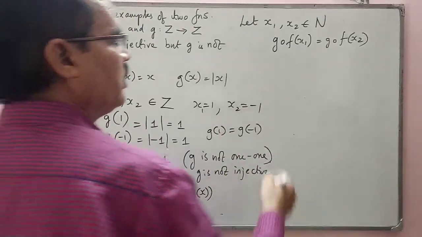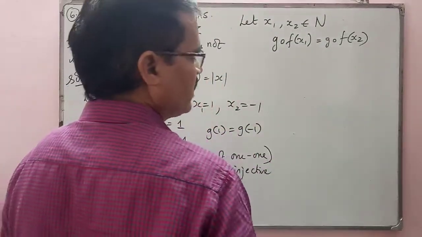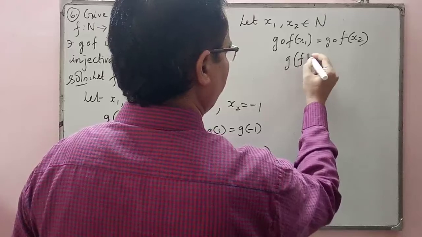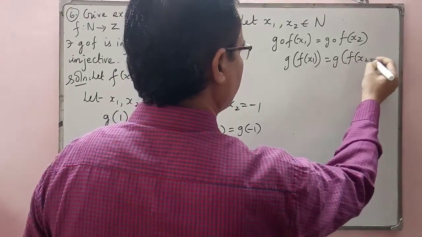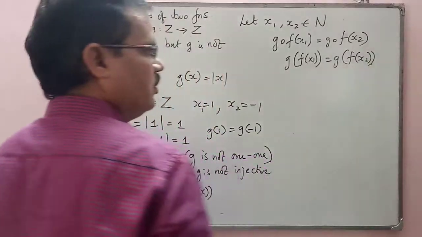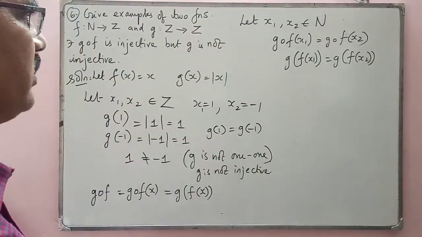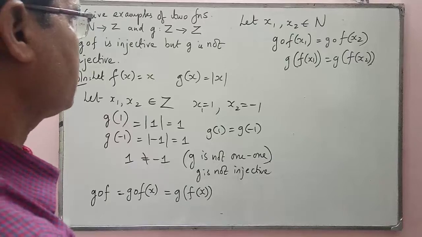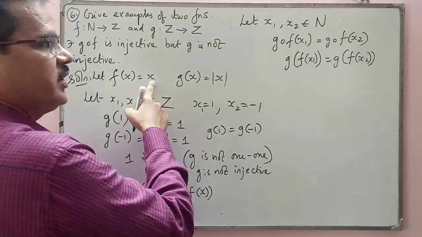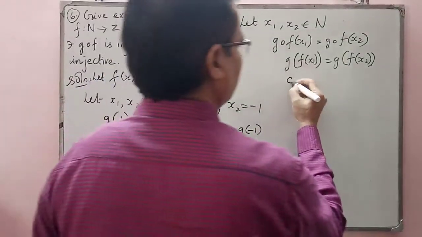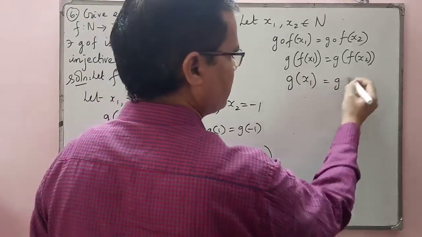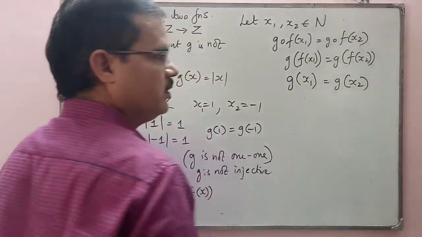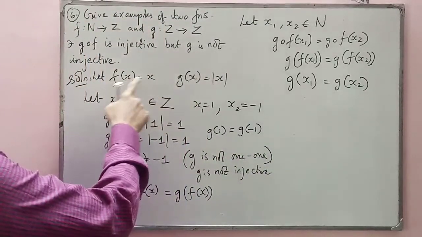Otherwise it is not. Now g of f of x1 is equal to g of f of x2. Okay, children. What is f of x? The function you have taken is x. So whatever f of x is there, you have to write it as x. So now I write x1, this is x2, because again and repeat, f of x is x.